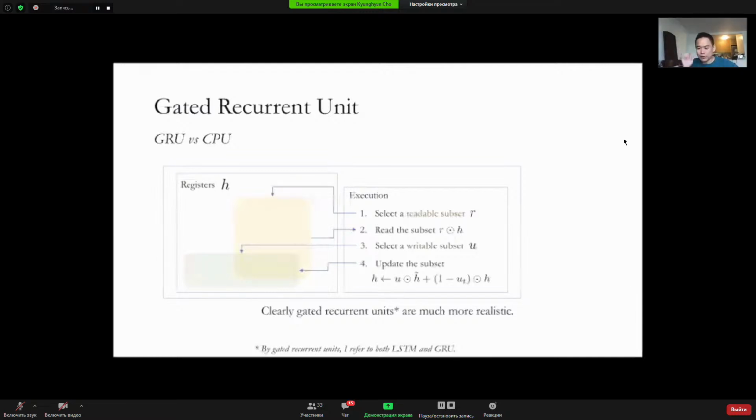And then all the other values stay as they are. What that means is that this is a much more realistic implementation of how the recurrent computation should be done, if you make an analogy to how computers work in general.